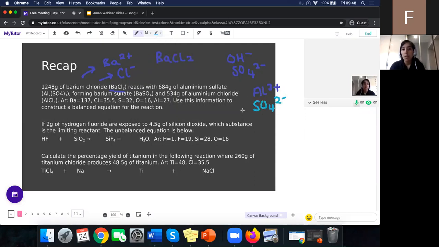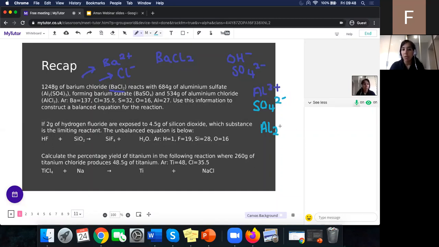When they react together, aluminium has 3 electrons to give, and sulfate can only accept 2. So if sulfate accepts 2 electrons and aluminium has 3 to give, that means there's going to be 6 charges involved. So for aluminium, there will be 2 of them to have 6 electrons, and for sulfate, there will be 3 of them to accept those 6 electrons.